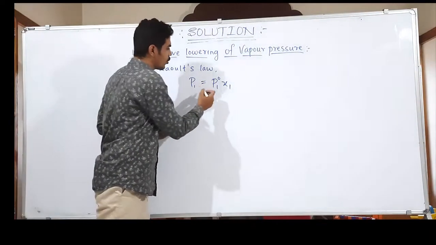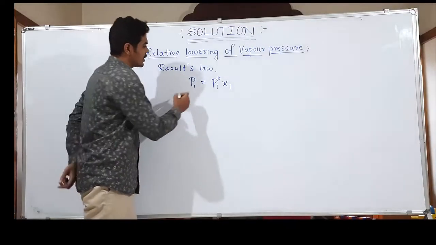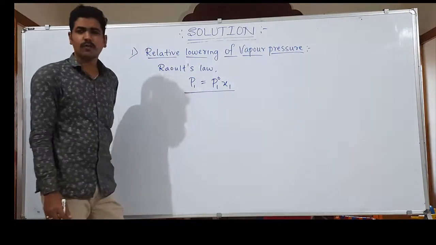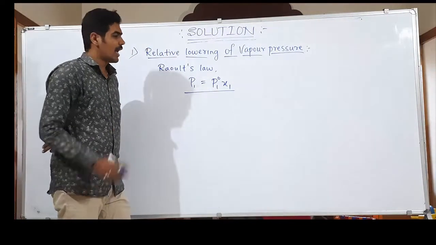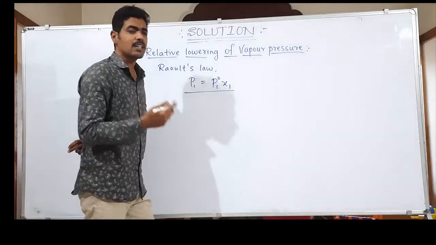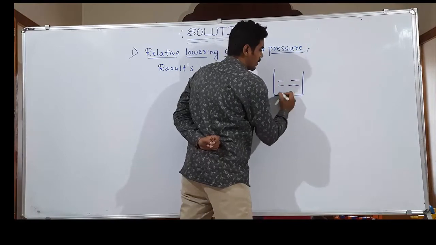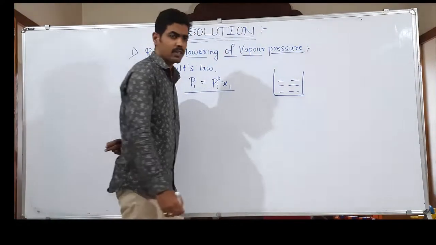So P1 is equal to P1 naught into X1. Now this is the mathematical expression for Raoult's law, and as you know, when we add a non-volatile solute, suppose I have taken a solvent, the pure solvent.